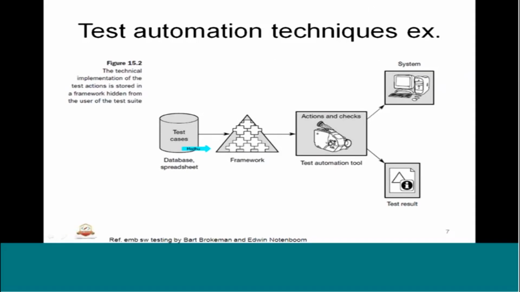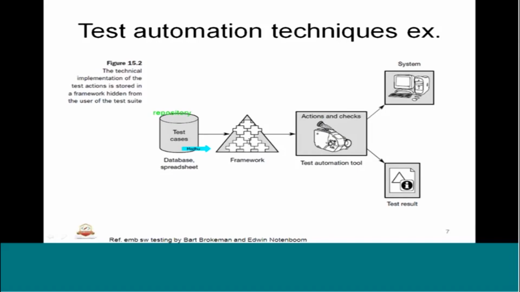And the philosophy of test cases, database, spreadsheet is on the left-hand side in the repository. So the technical implementation of the test actions that are part of this is stored in the framework. You can see the blocks. These blocks can be a series of actions or sequences.